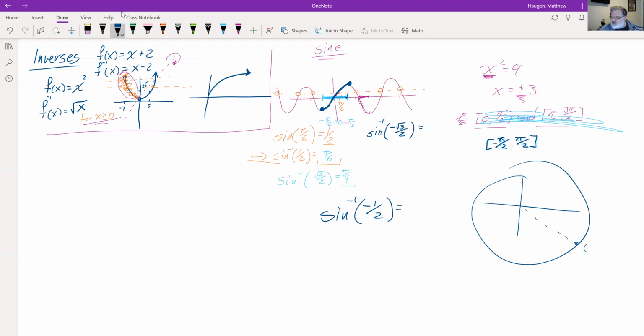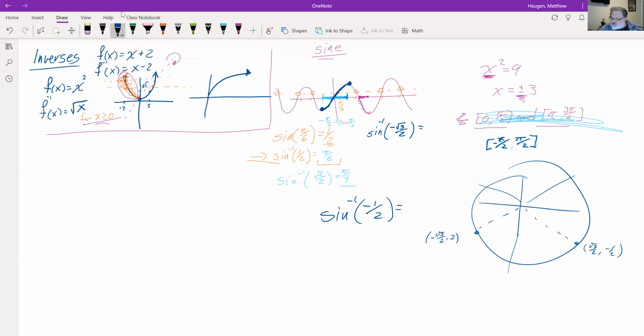The y value is negative 1/2 in quadrant 4 and in quadrant 3. It's positive 1/2 in quadrants 1 and 2, so they don't count.